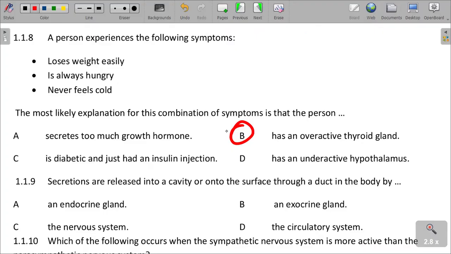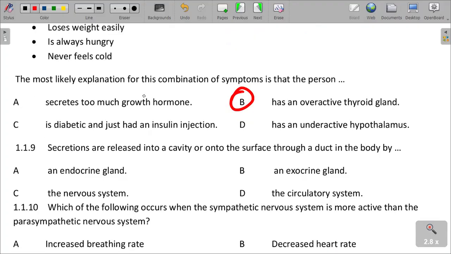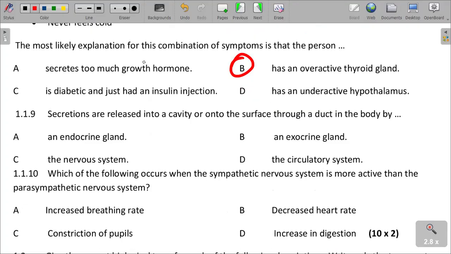Digestion will be very fast because the thyroxine hormone that is secreted will cause the person to be always hungry because of the extensive rate of digestion, and it would also cause the person to lose weight because there is quick flushing of the food without enough absorption of the nutrients.